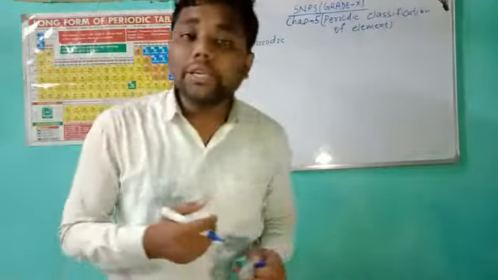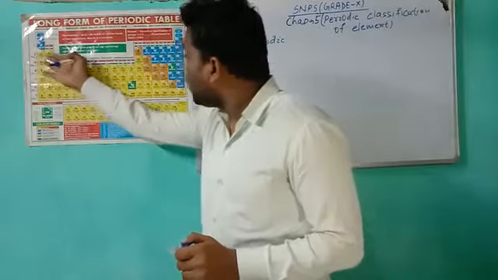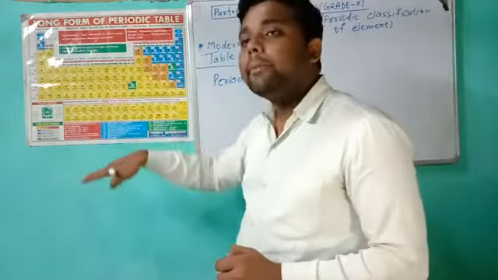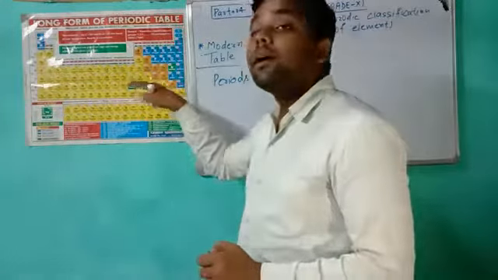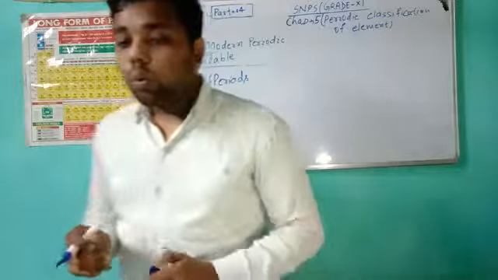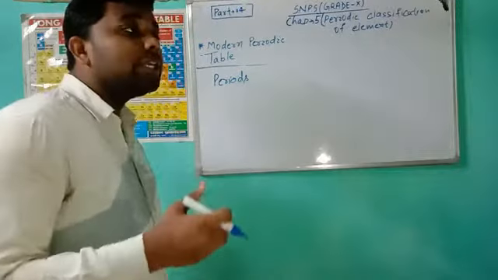So what are the periods? The horizontal rows present in the periodic table are called periods, and there are 7 periods. And what does the period show?